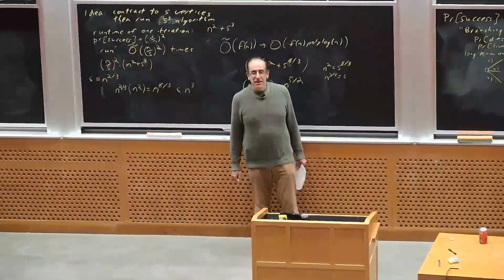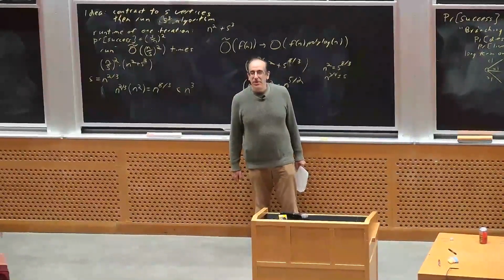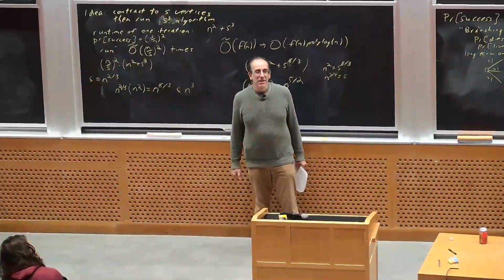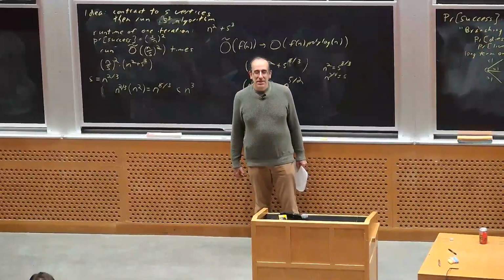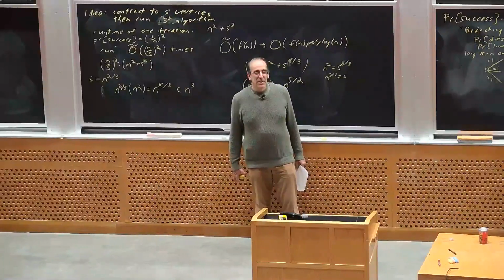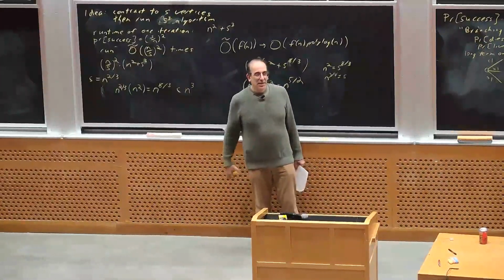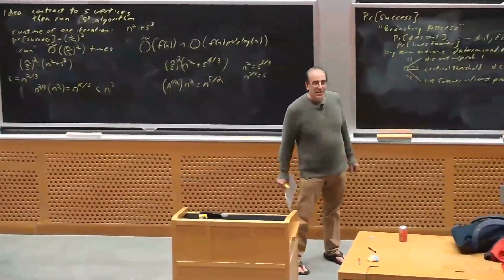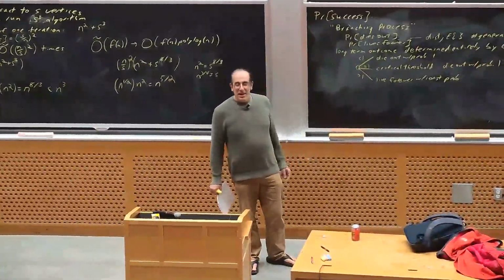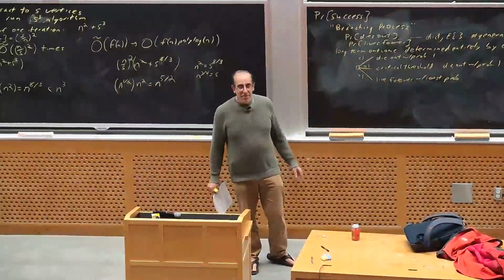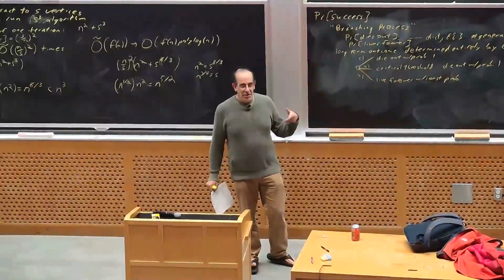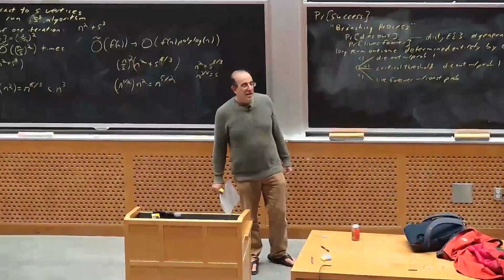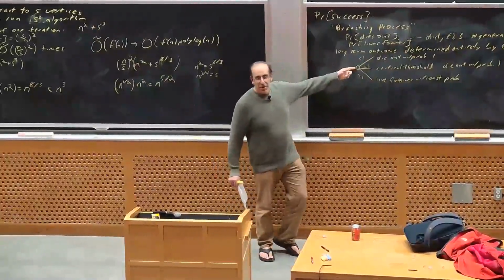What's the expected number of children of a node? Yeah? 1. Exactly. 2 potential children, each of which occurs with probability 1/2. So we have 1 expected child, so we're at the critical threshold.